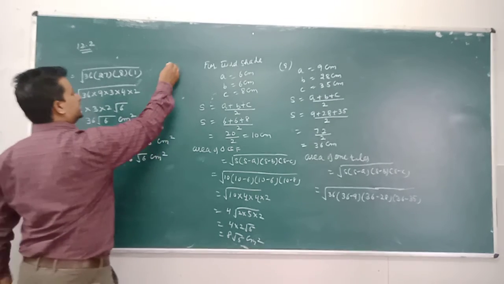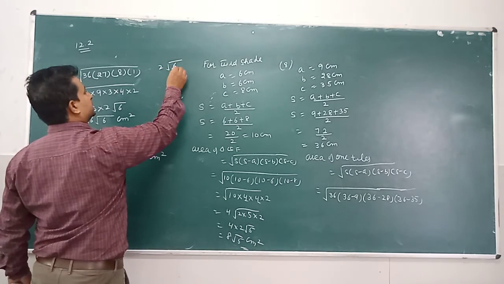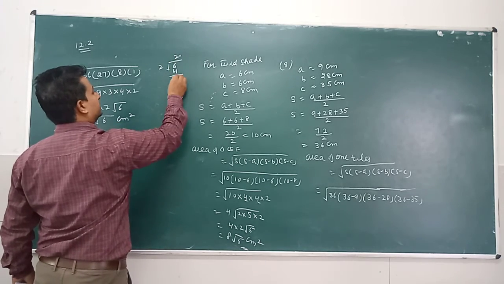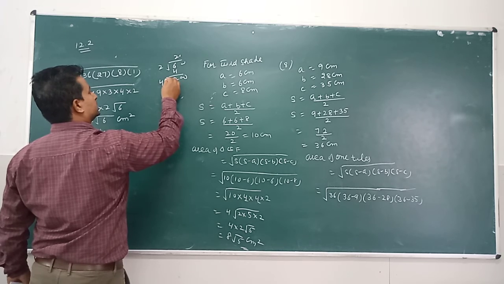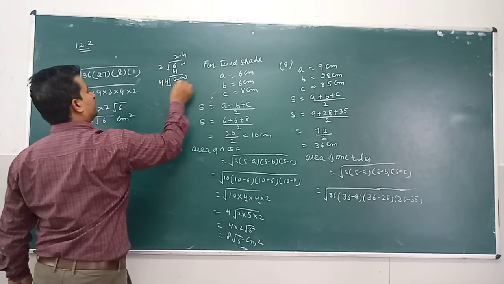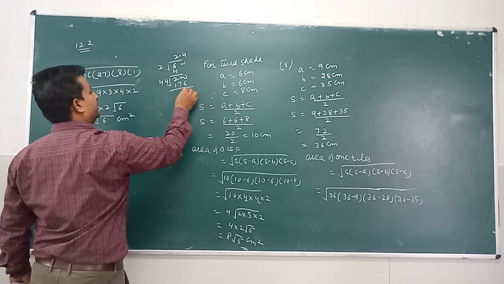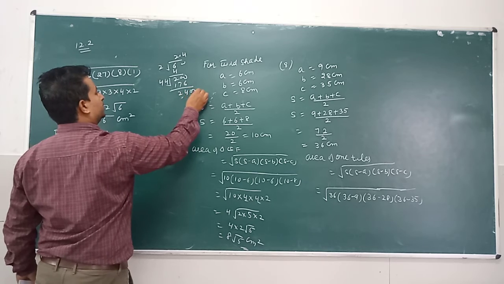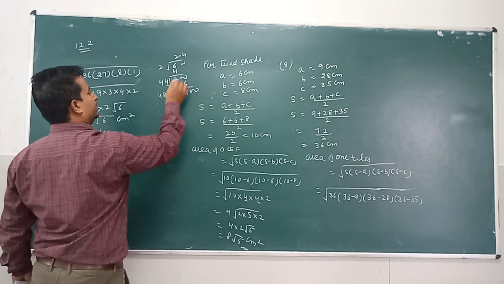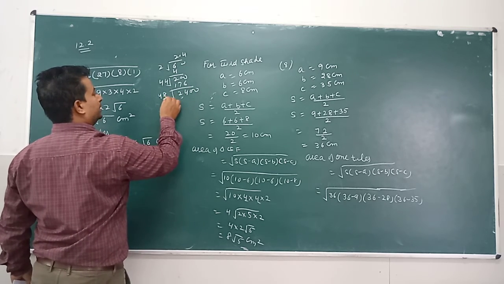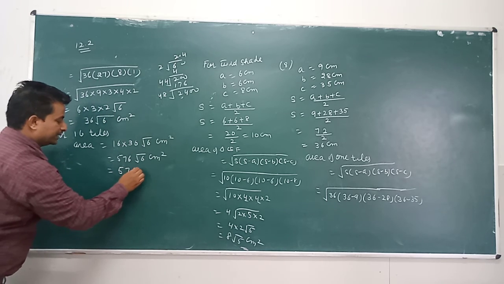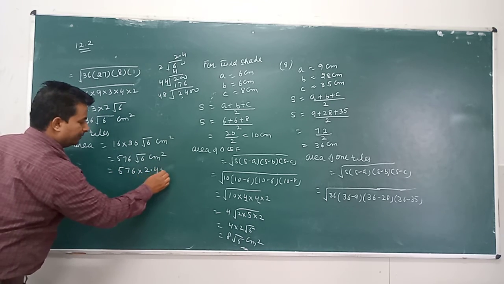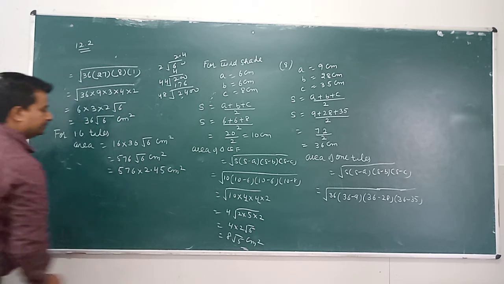When we find the square root of 6, it is 2.45. So the area is 576 into 2.45 centimeters square.